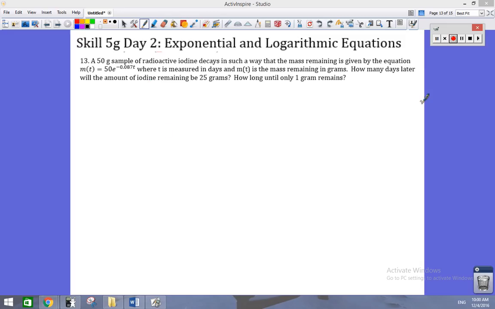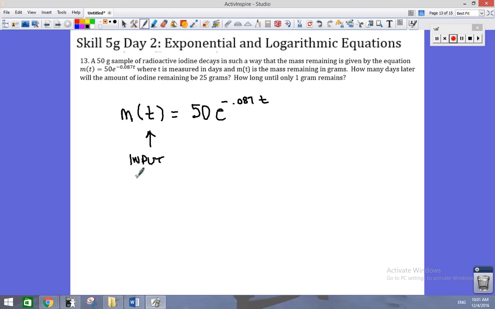All right, so the equation is this. t is days, so the input for this function is in days.